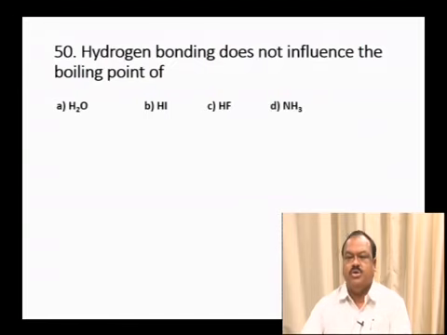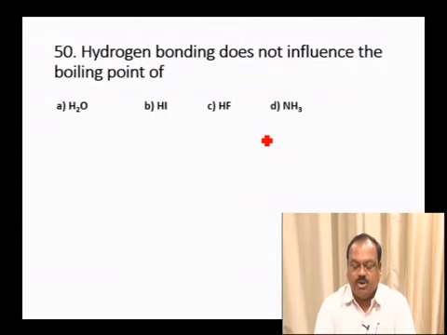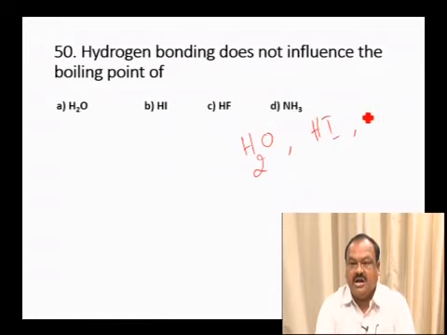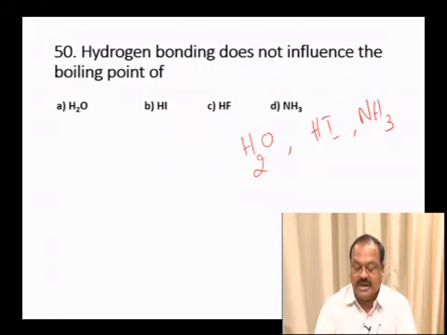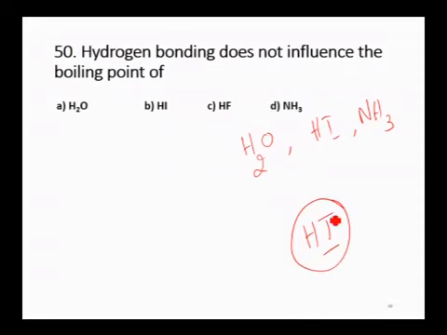In ammonia, nitrogen and hydrogen, there is hydrogen bonding. Hydrogen bonding takes place in H2O, HF and NH3. It does not take place in HI. So hydrogen bonding in no way forms in HI, and it does not influence the boiling point. So the answer is B.